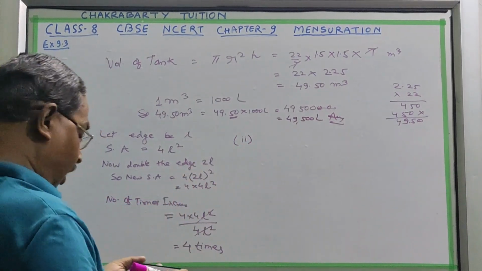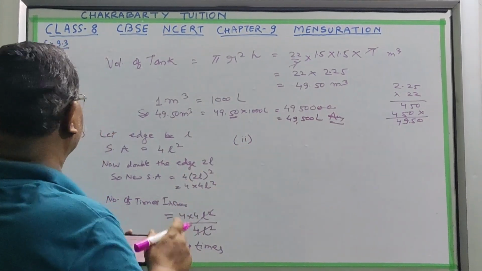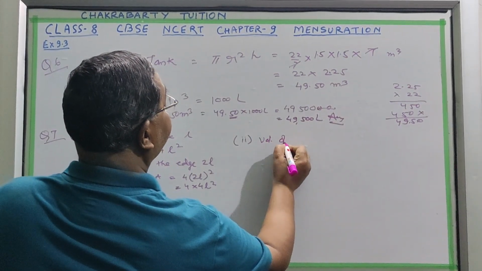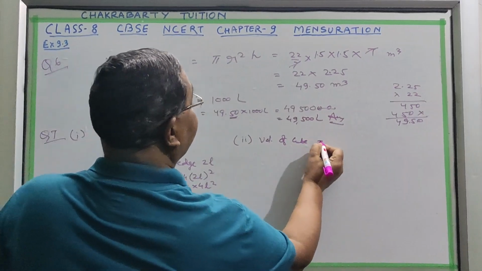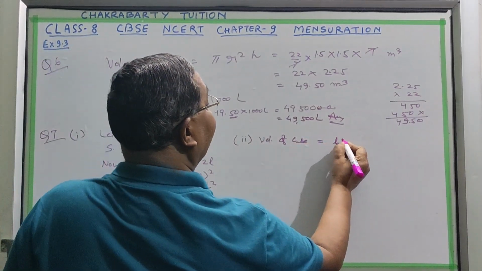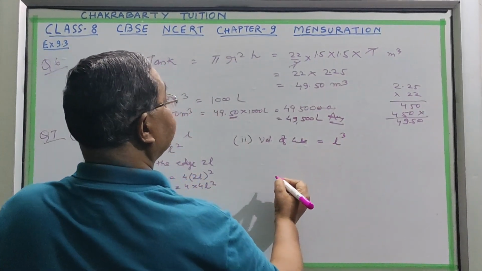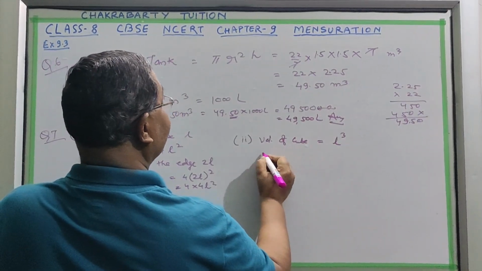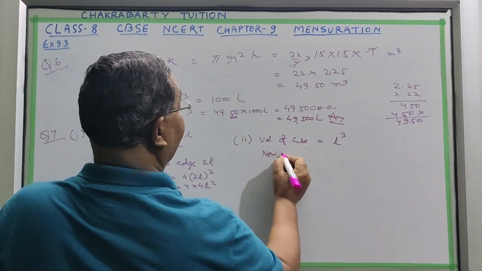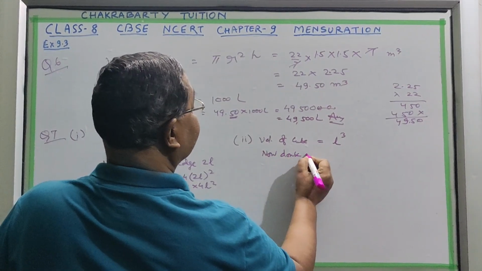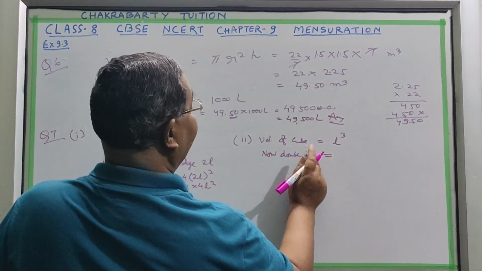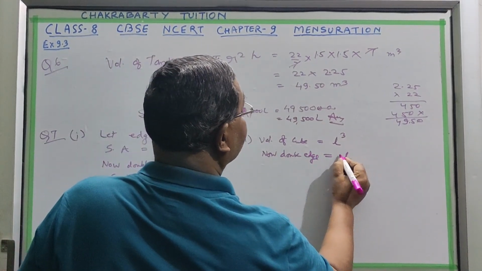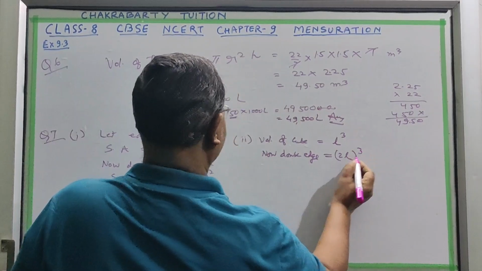How many times will its volume increase? So the volume of a cube is L cube. Now you double the edge, so it will be (2L) power 3.